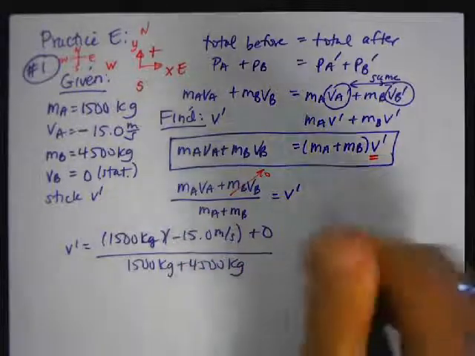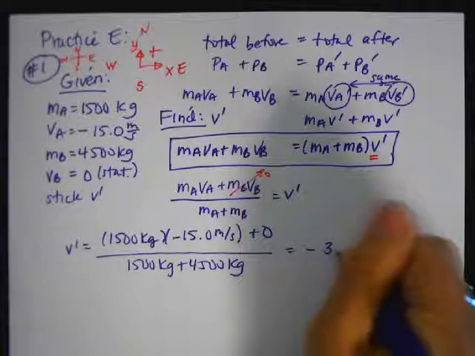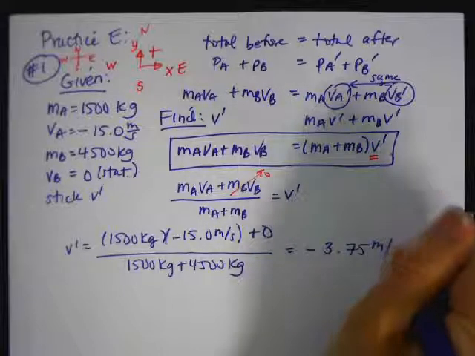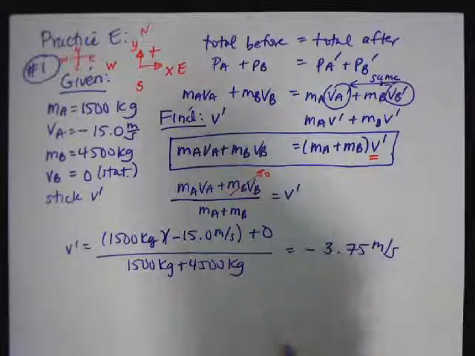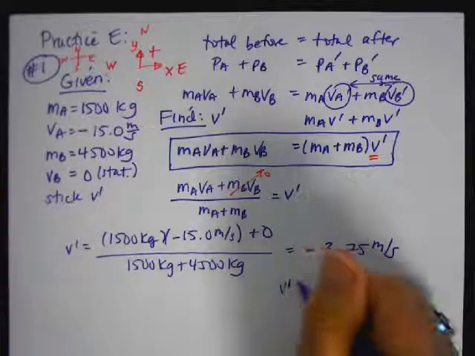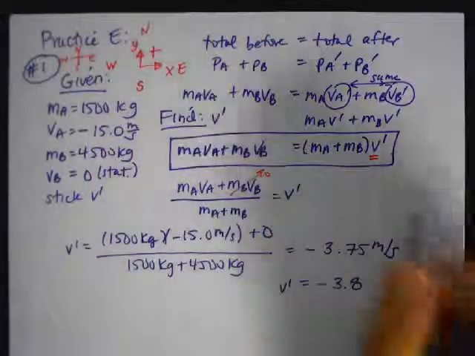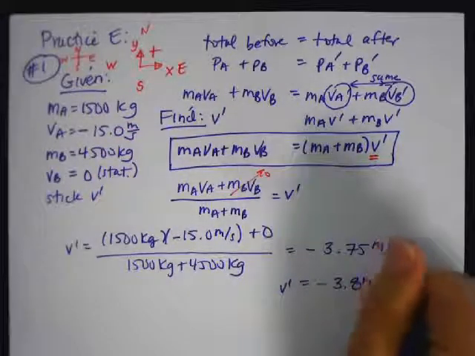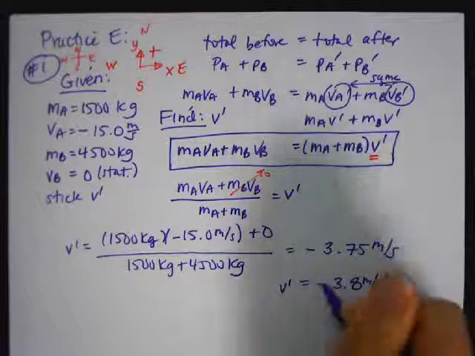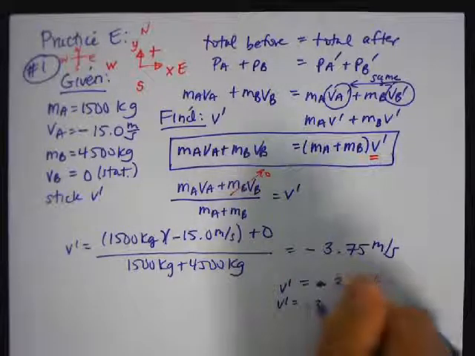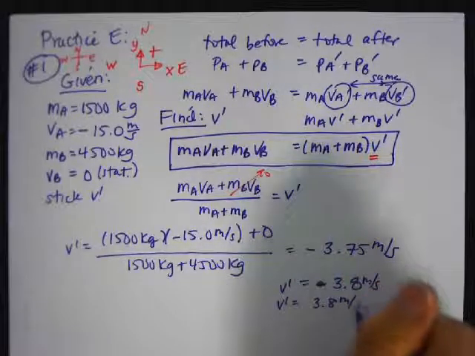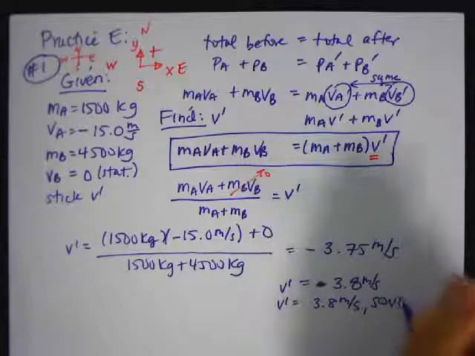When I work all that out, it comes out to be negative 3.75 meters per second, and then my final answer would be negative 3.8 meters per second, or V prime is 3.8 meters per second south.